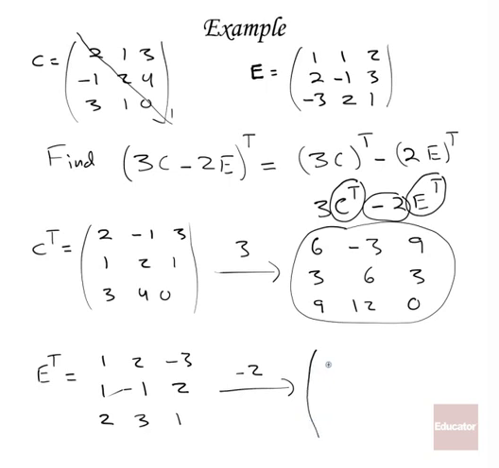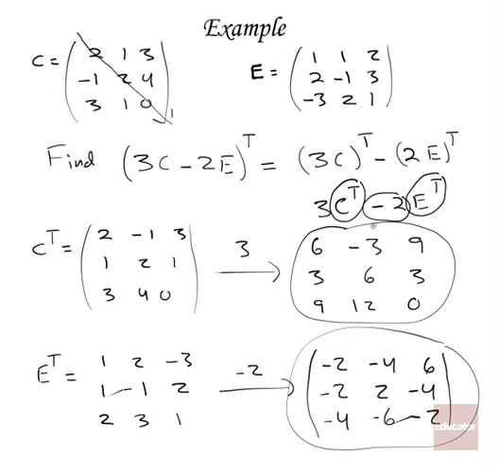Negative 2 times 1 is negative 2. Negative 2 times 2 is negative 4. Negative 2 times negative 3 is 6. Negative 2 times 1, negative 2. Negative 2 times negative 1 is 2. Negative 2 times 2 is negative 4. Here we have negative 4 for this entry. Then we have negative 6 for this entry. And we have negative 2 for this entry.